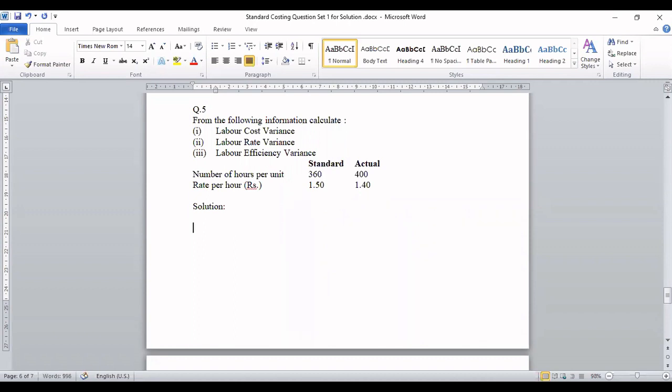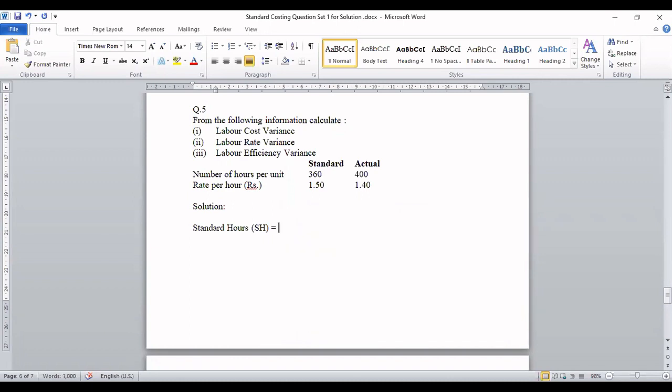Now, for calculating labor variances, we need 4 elements. First one is standard hours, which we denote by SH.